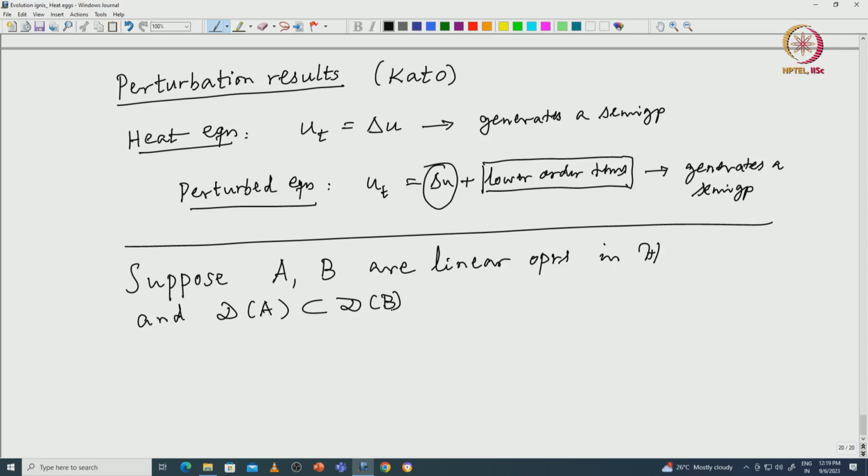So, this assumption makes it so that A plus B is defined at least on dA. It is defined on dA intersection dB, but dA is a subspace of dB, so its domain of definition is also dA.